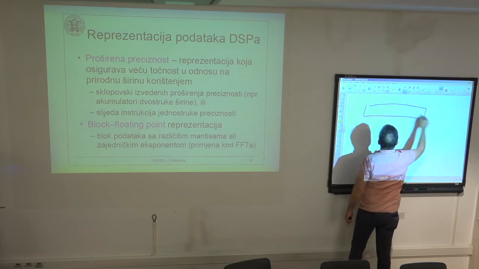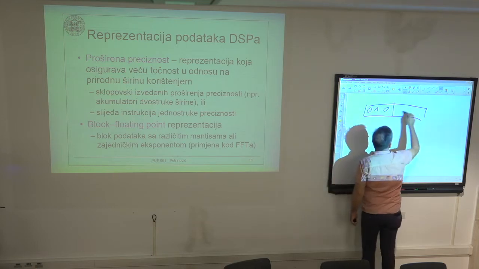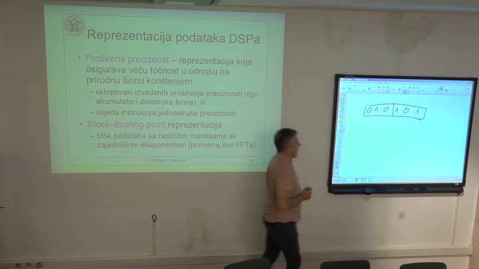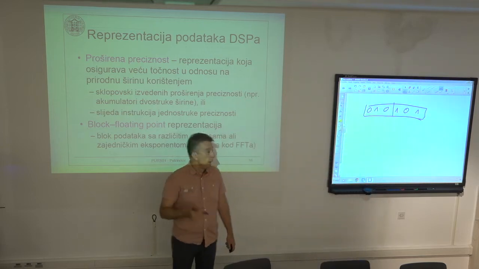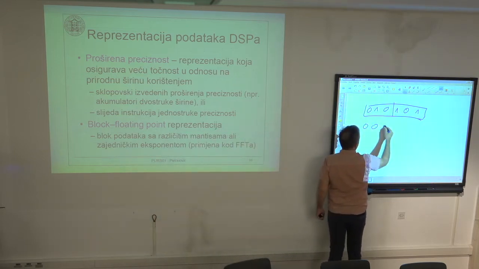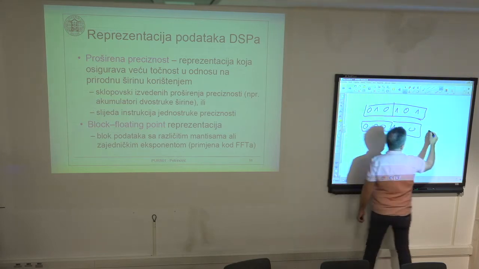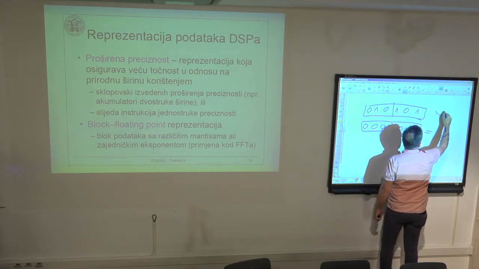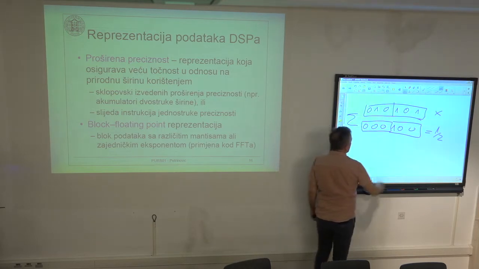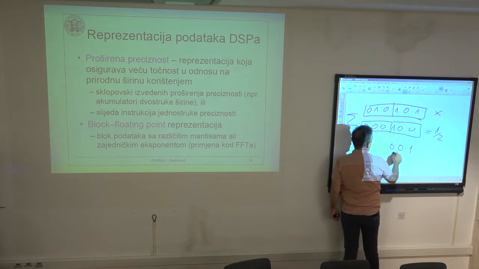Let's write another example. 0, 1, 0 is the upper word, and the lower word is 1, 0, 1, okay? Now I want to round this lower word into the upper word. The only thing I have to do is add 1/2. This 1/2 is 0 in the upper word and 1 in the lower word. So this is x, and if I add this together, I have the sum. 1 and 0 is 1, 0 and 0 is 0, 1 and 1 is 0 and 1 carry.